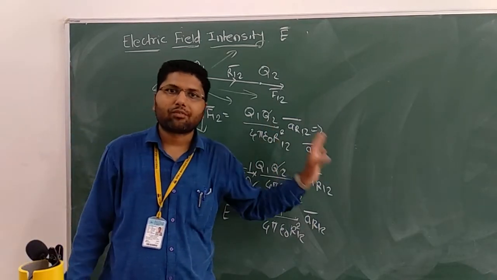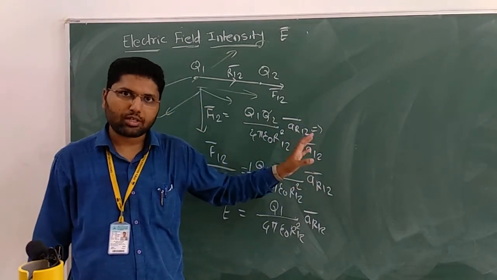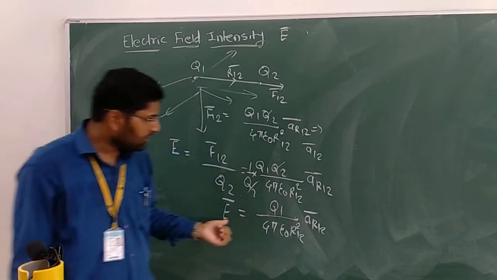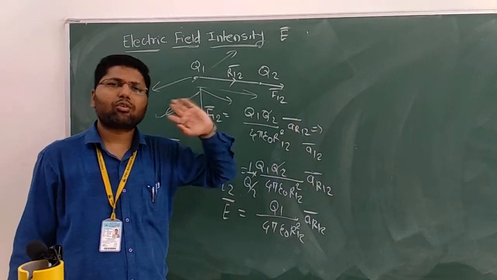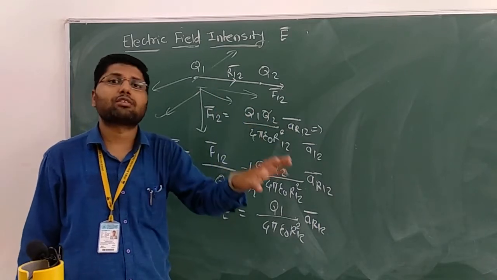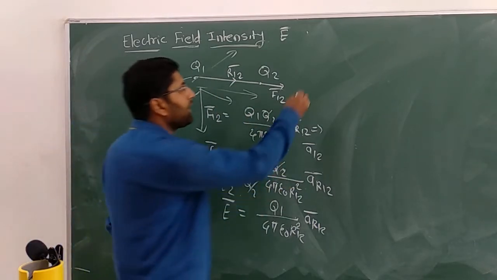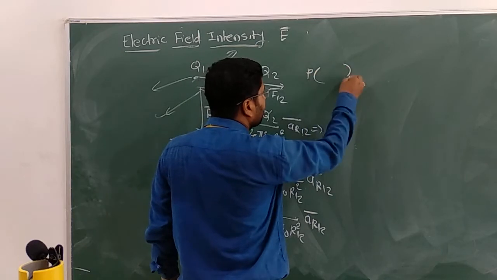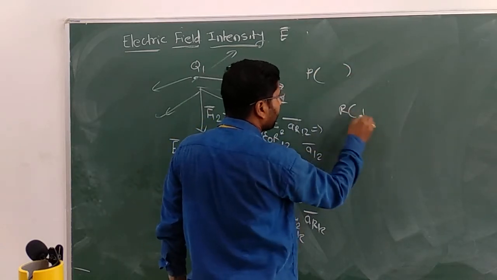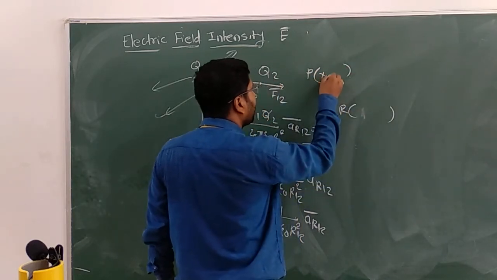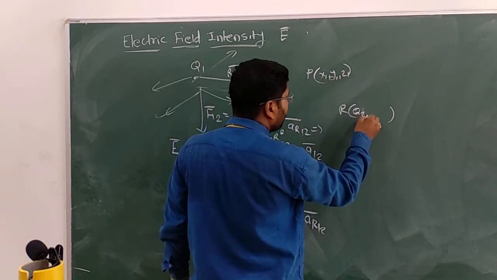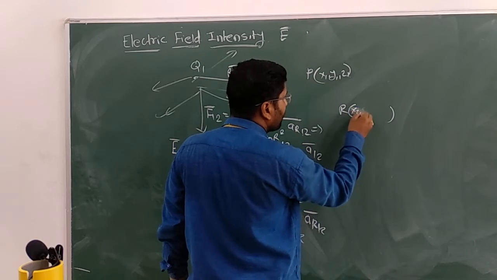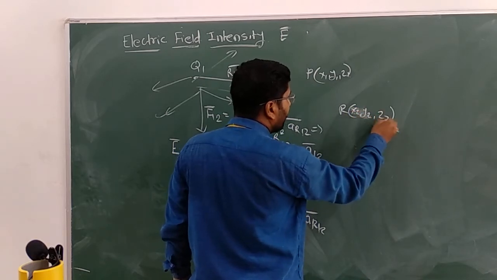That is no different from the force applied through Coulomb's law. Just we have to reduce that. Where you want to apply the force, that we have to reduce, or you don't have to consider. Suppose P charge is given and R charge is given. Suppose x1, y1, and z1 are given, and for Q2, x2, y2, and z2 we have been given.